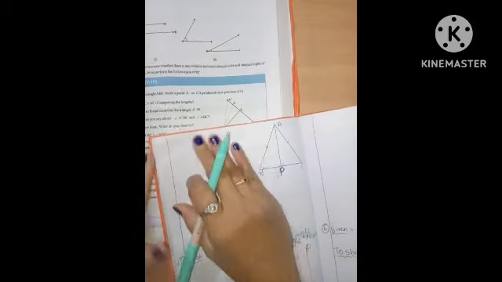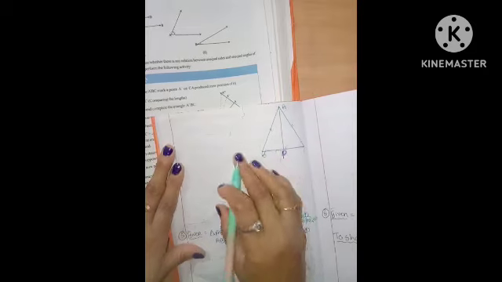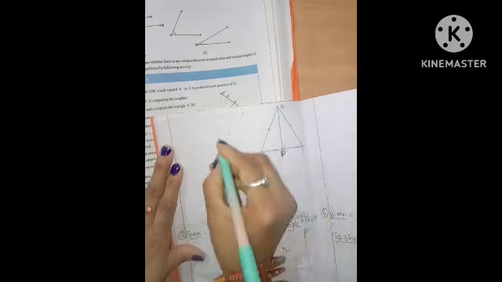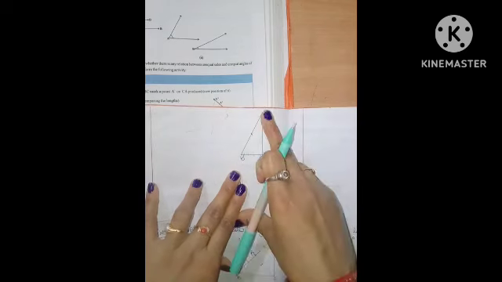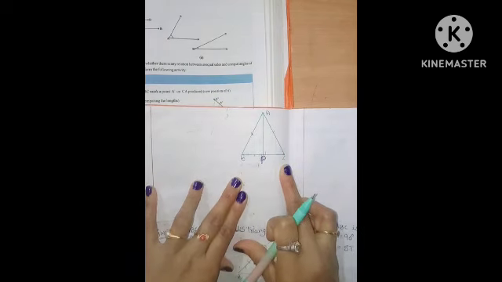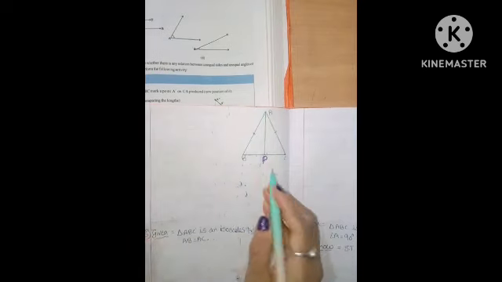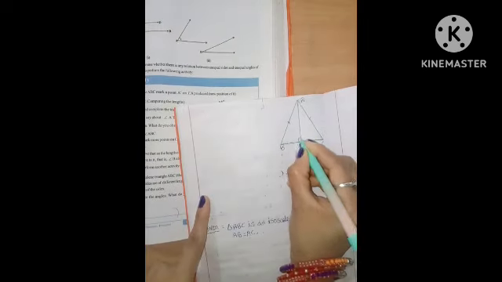Next, how to prove that angle B is equal to angle C, using the RHS congruence rule. How many triangles are divided here? It is two triangles: ABP is one triangle, another triangle is ACP. This is the perpendicular symbol.